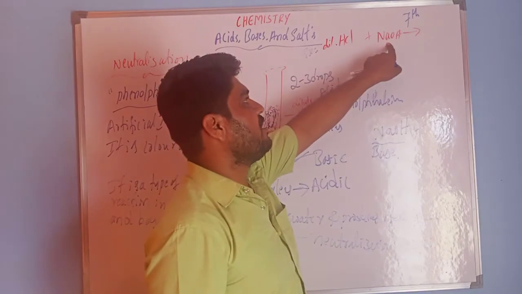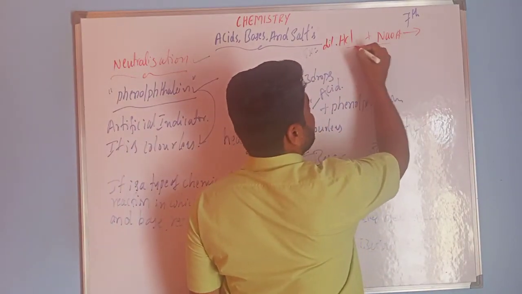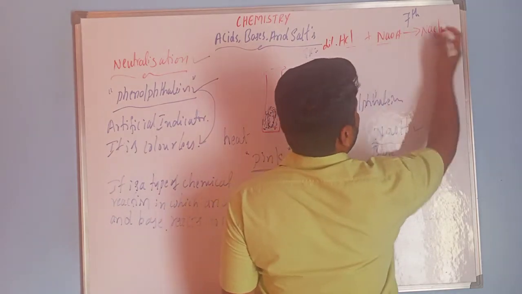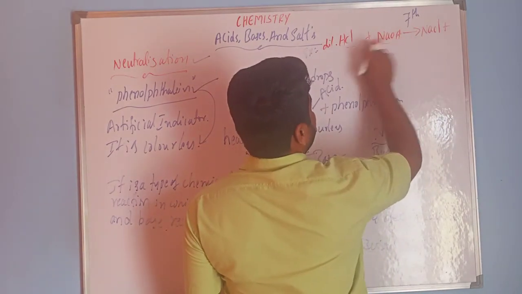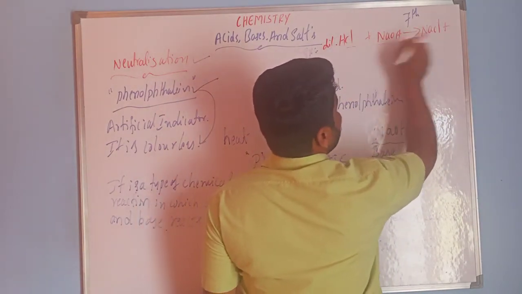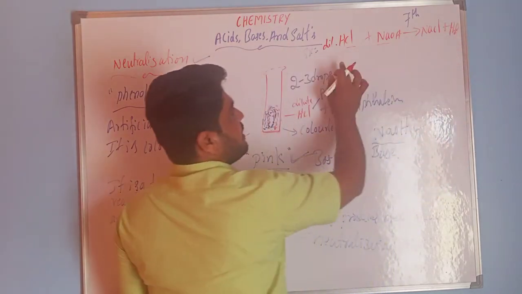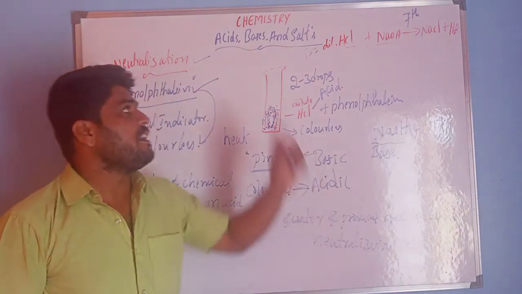HCl reacts with NaOH, which produces NaCl, sodium chloride, and here OH and here H, H2O. So this is the reaction, the example for neutralization reaction.